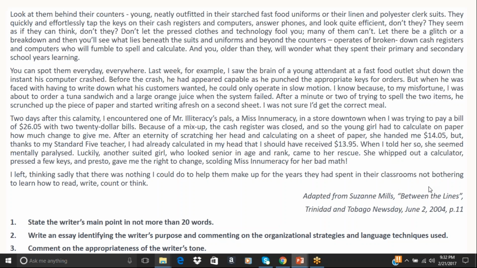You can spot them every day, everywhere. Last week, for example, I saw the brain of a young attendant at a fast food outlet shut down the instant his computer crashed. Before the crash, he had appeared capable as he punched the appropriate keys for orders. But when he was faced with having to write down what his customers wanted, he could only operate in slow motion.